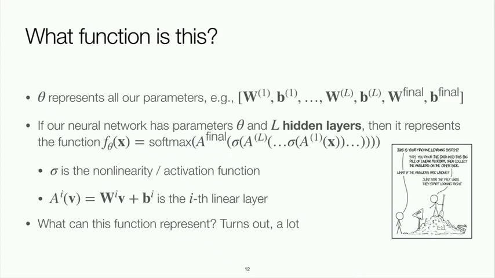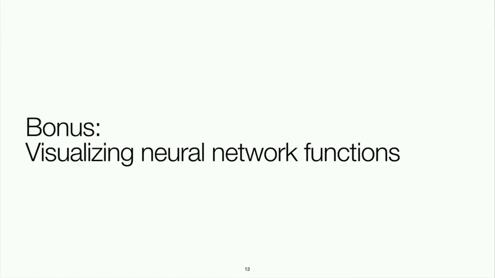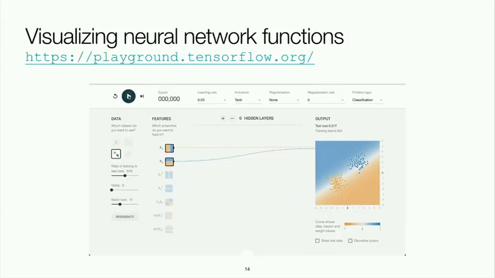All right, sweet. I have enough time for this bonus section about visualizing neural network functions. There's this cool website. You can go to it yourself as well and play around with it a little bit.